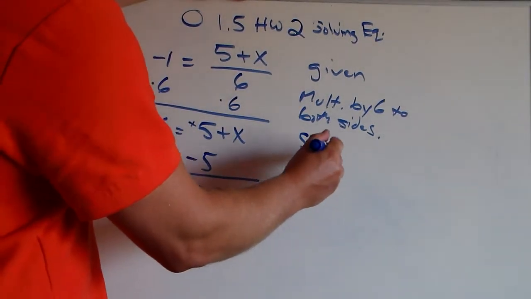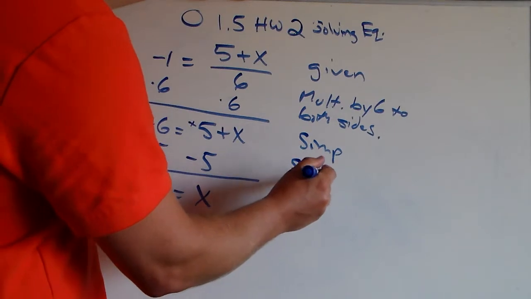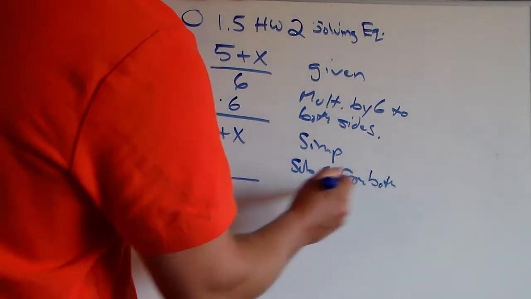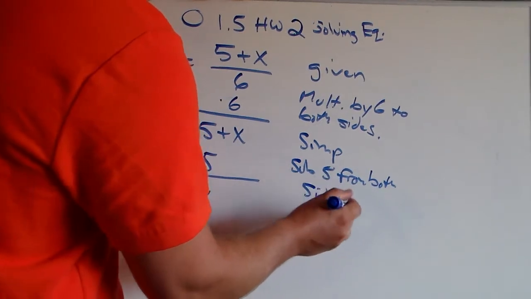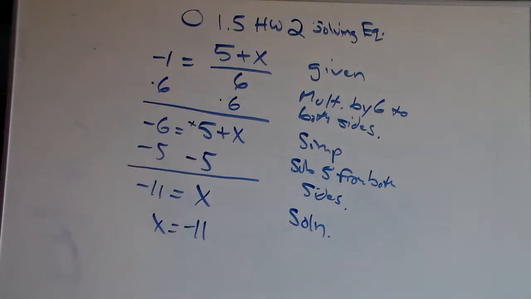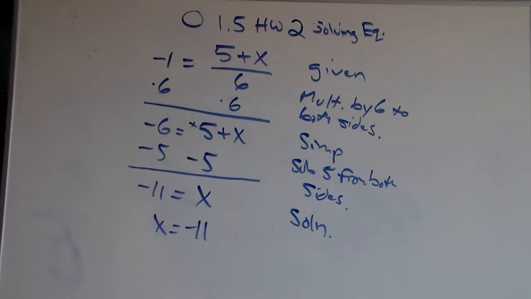We simplified. We then subtracted 5 from both sides of the equation. And then we have our solution, which is x equals negative 11. And that's the answer for number 6. Next problem we're going to do is problem number 7.